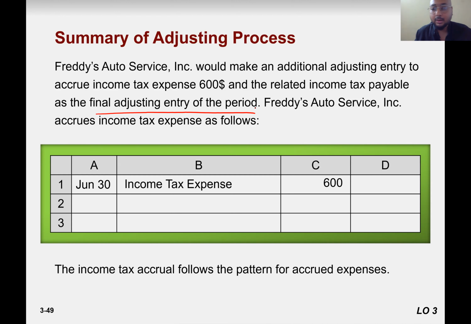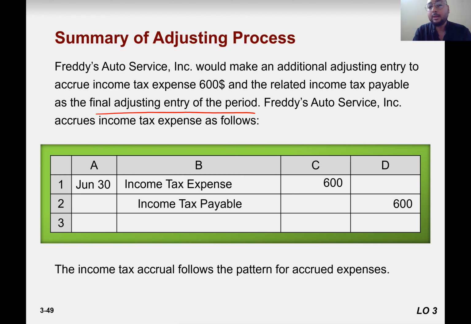So basically, the income tax, what is the entry? Since accrued expense is our liability, the expense occurred but not paid, so we make it a liability.